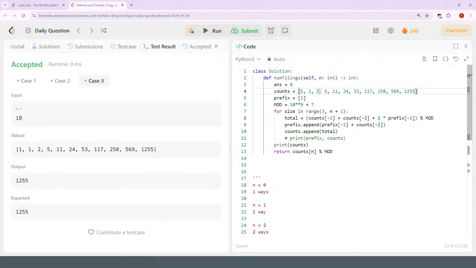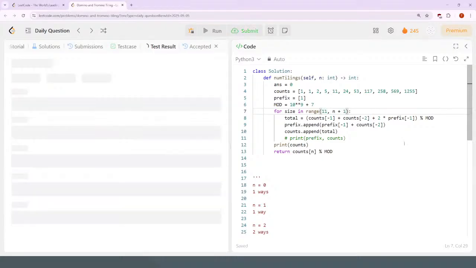So 3 was the original number. I don't think I need to compute anything lower than 11.